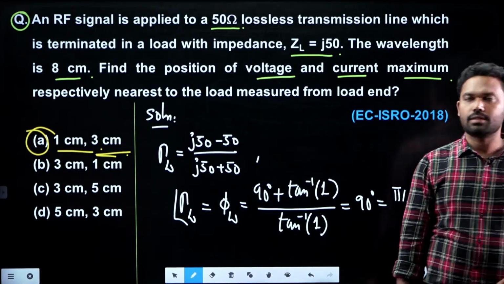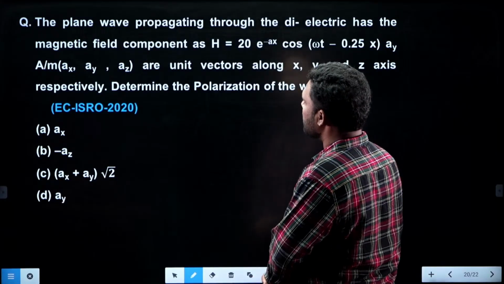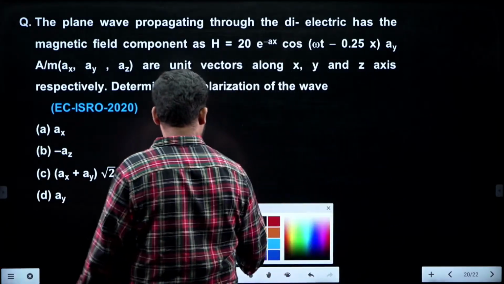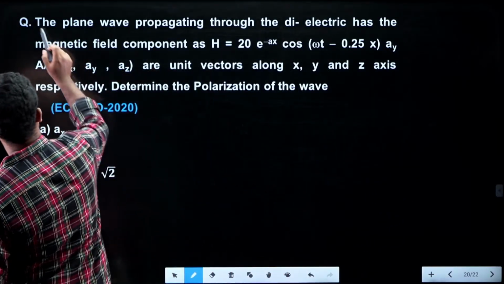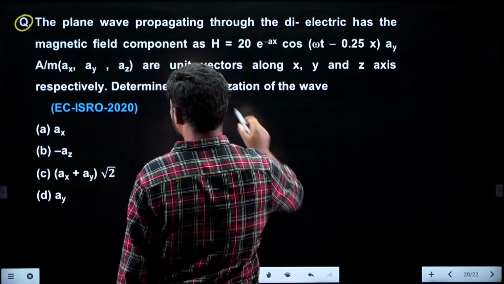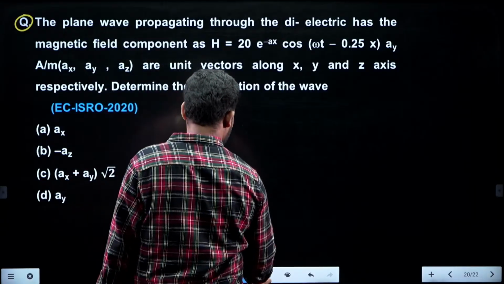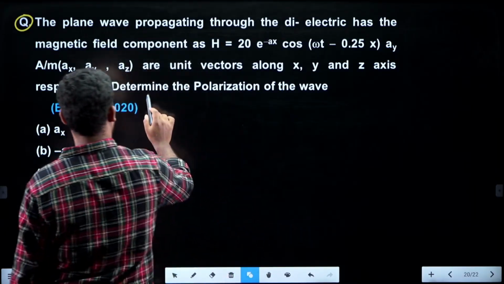Let me turn the page here. Here is a question, guys. It is a simple, direct question. The plane wave propagating through the dielectric has this magnetic field with unit vectors; determine the polarization of the wave. See, the polarization is defined with respect to the electric field.